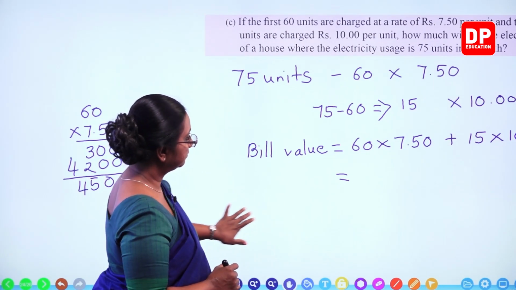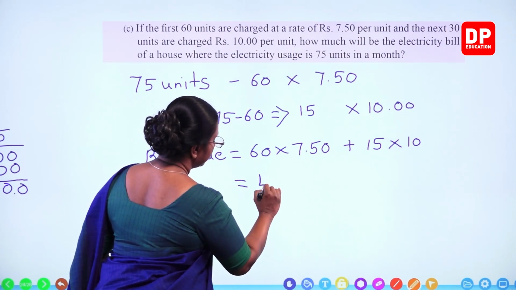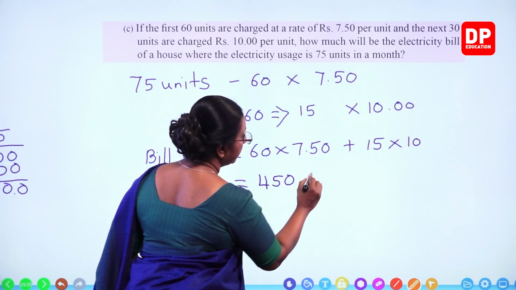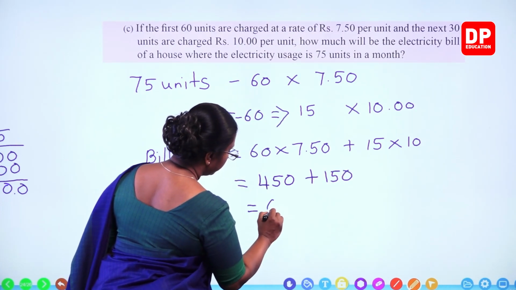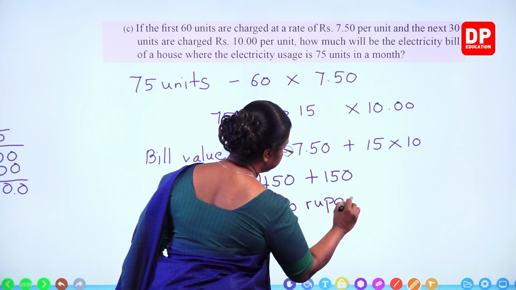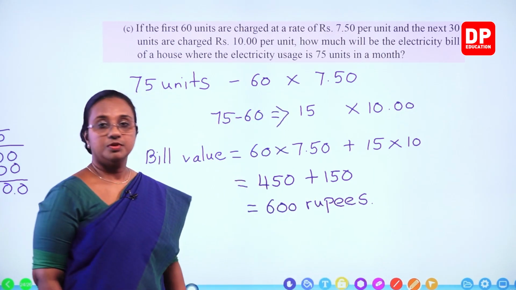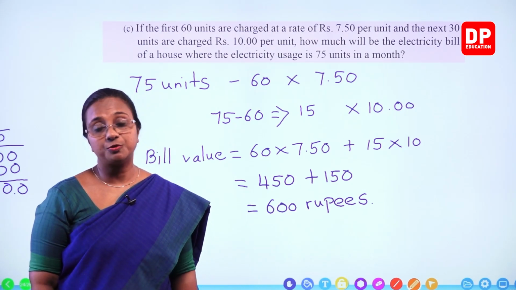So this is going to be 450 plus 150. So the total value will be 600 rupees. So the bill amount for the month is going to be 600 rupees.